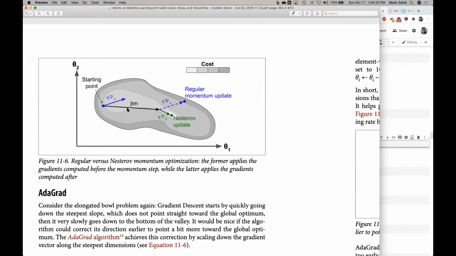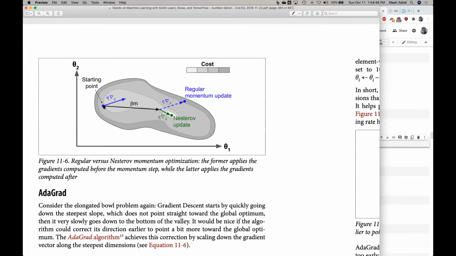Whereas if instead you evaluate the gradient at the tip of the black arrow, that's the step ahead, because the momentum moves you here. If you evaluate the gradient there, it's pointing more towards the minimum because it's now closer to the minimum. It knows where the minimum is better than when you evaluated it back at the blue dot.